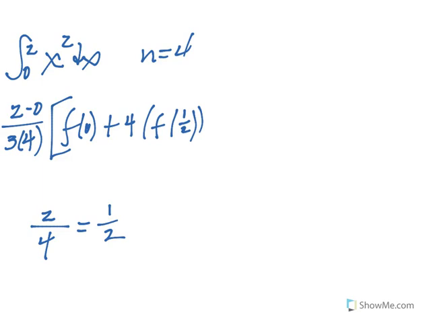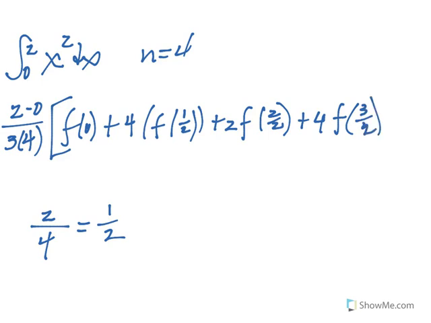So that's 4 times f of a half plus 2 times f of 1, or 2/2, plus 4 times f of 3/2, plus f of 4/2, or 2.